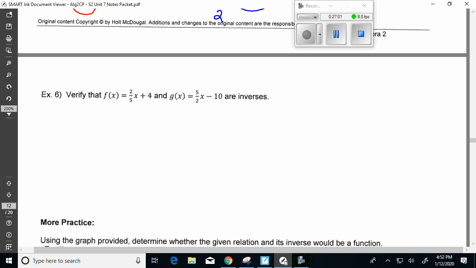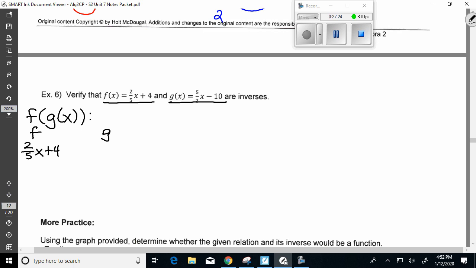So let's do one more final example. So we have 2 functions given there. Go right ahead and get to it. F of g of x. The f function is 2 over 5 times x plus 4.